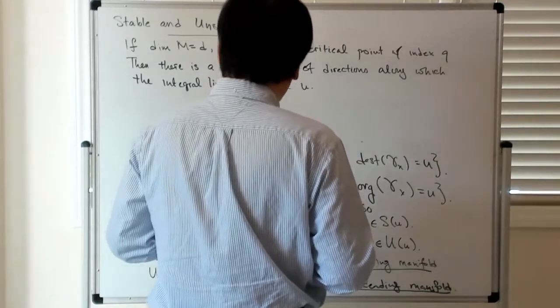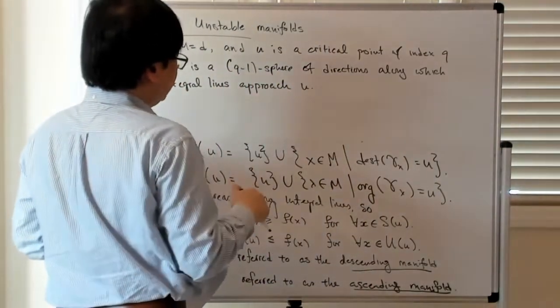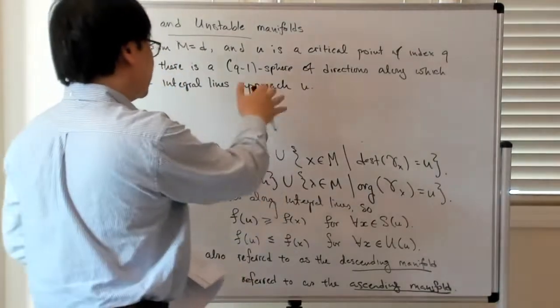Okay, so there's a Q minus 1 sphere of directions.